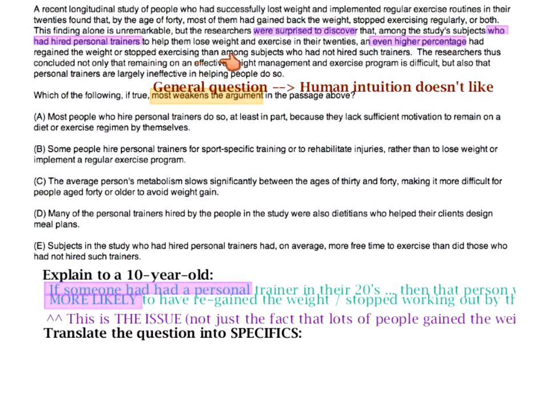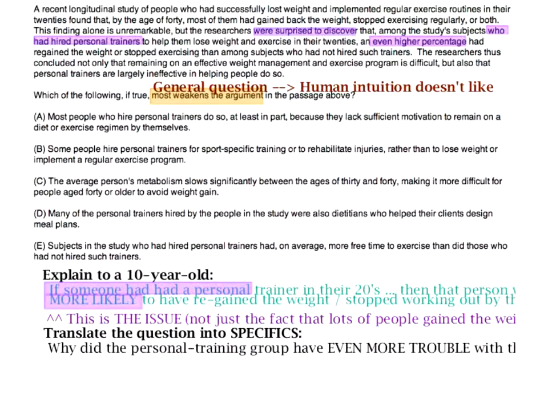Like, the researchers understand that weight management and staying on a program and not giving up on working out is hard. But this is what they're really trying to account for. So why did the personal trainer group have even more trouble with this?